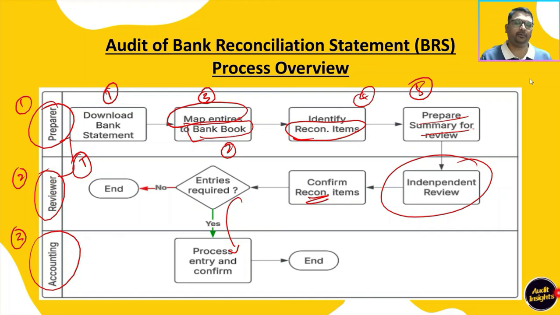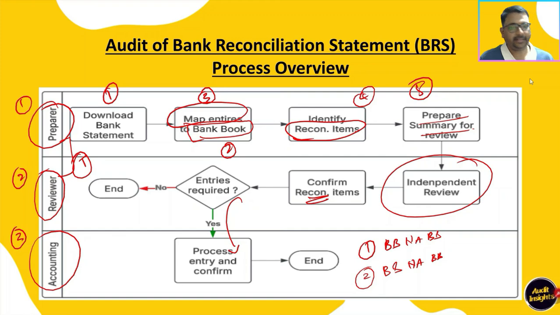Generally, there are two types of reconciliation items that come in. One is which is available in the bank book but not available in the bank statement. And the second obviously is available in the bank statement but not available in the bank book, right?